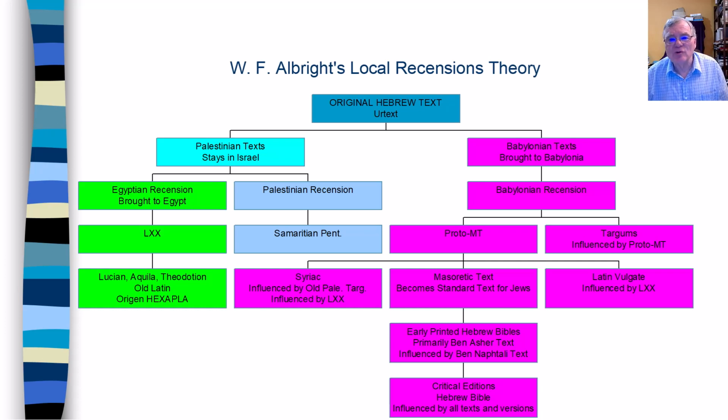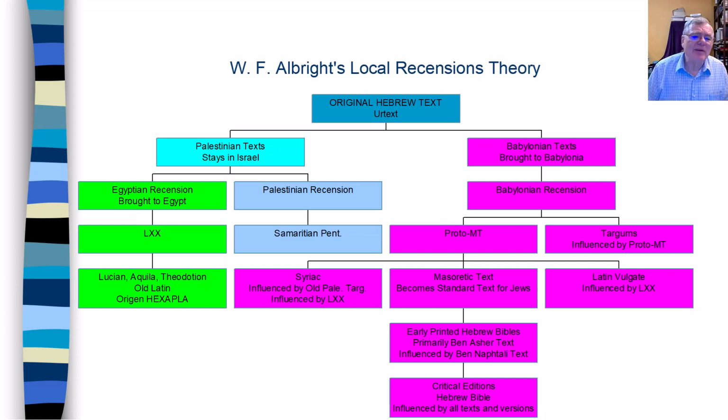Hypothetically, you had the original text, the Ur-text, as they call it. But then they believe that text was divided into two major blocks: texts that stayed in Palestine and texts that were brought to Babylonia in the Babylonian exile.